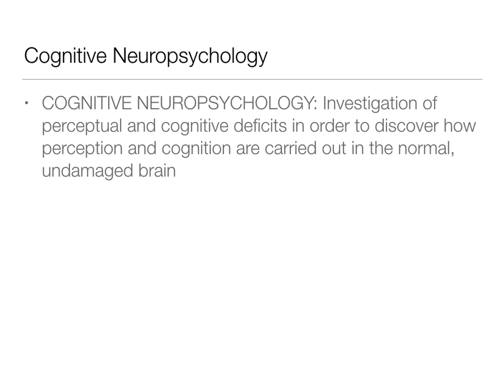When there is brain damage, whether it be from a stroke or a seizure or some sort of lesion, some sort of injury to a part of the brain, the perceptual deficits and cognitive deficits that occur teach us something about what that area of the brain did.